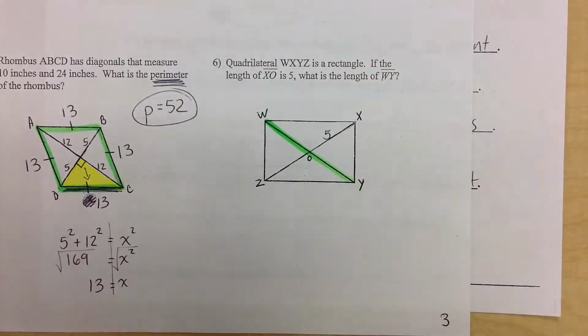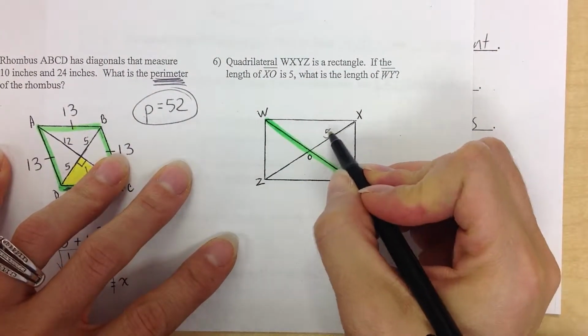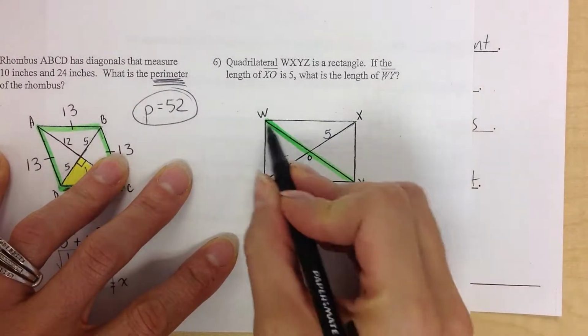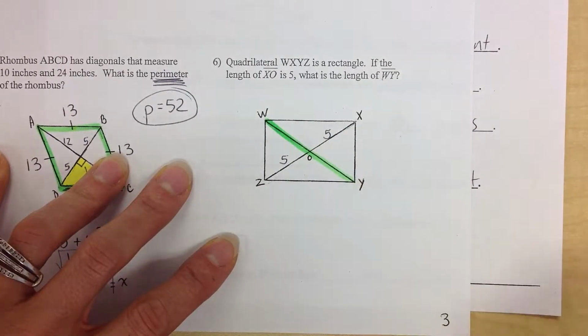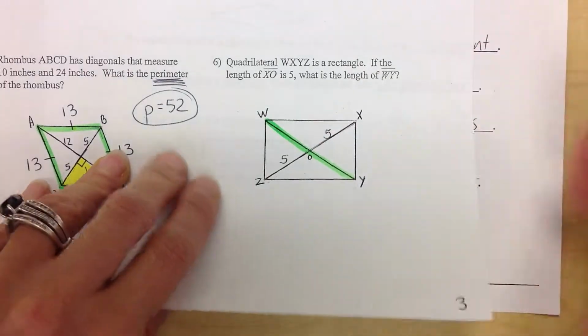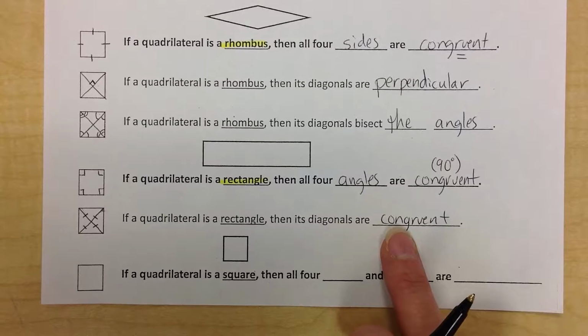So they want me to find WY. Okay, so since all parallelograms' diagonals are bisected, this one is going to be the same as this one, right? Since that green one's bisecting the white one, or the one I didn't color, those 2 are both 5. Now, I know that diagonals for all rectangles are the same.